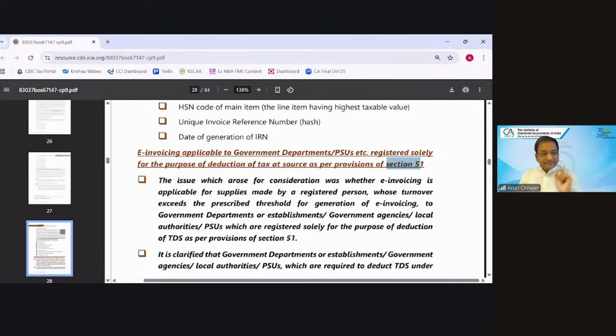Therefore, the supply is made to a registered person, even though they are registered only for the purpose of TDS. It becomes a B2B supply. And once it becomes a B2B supply, then e-invoicing is applicable.